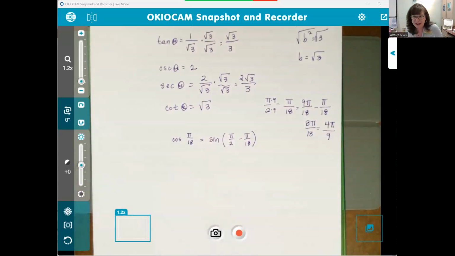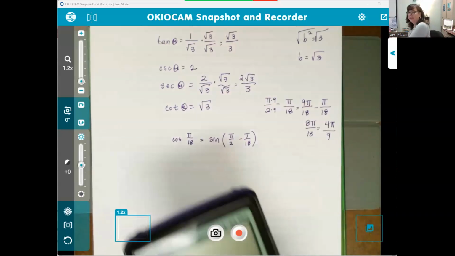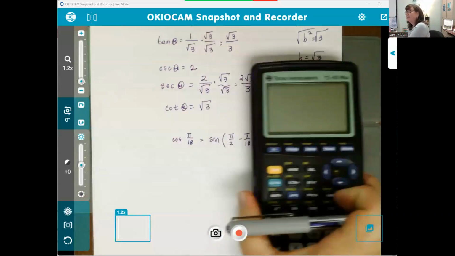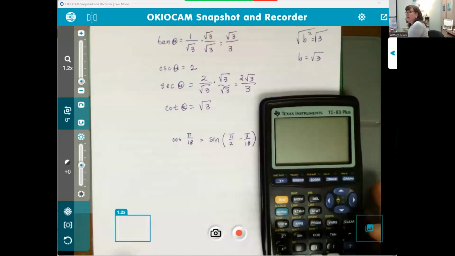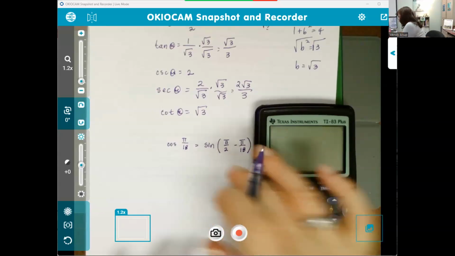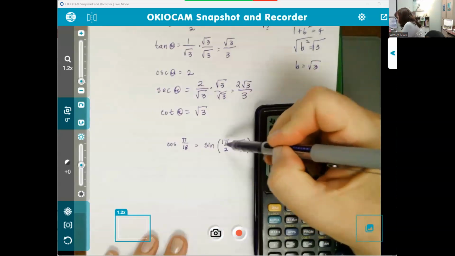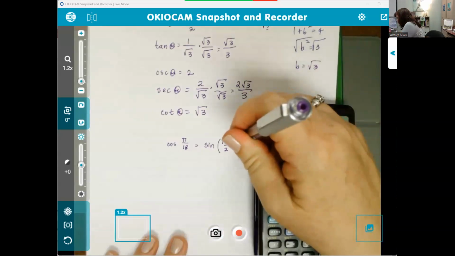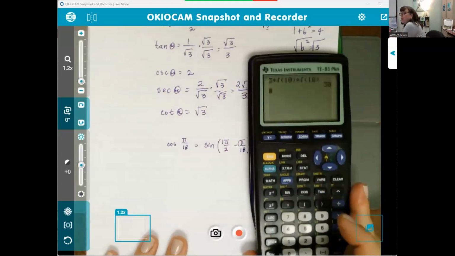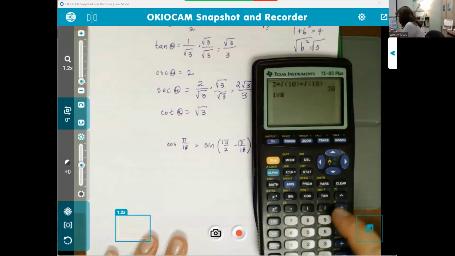Now, here's a really lovely thing. If you hate fractions, your calculator can help you with this. It's not going to help with the pi's, but just think about the fractional part. This is basically 1/2 pi minus 1/18 pi. Let's just deal with the fractional part: 1 divided by 2, minus 1 divided by 18.